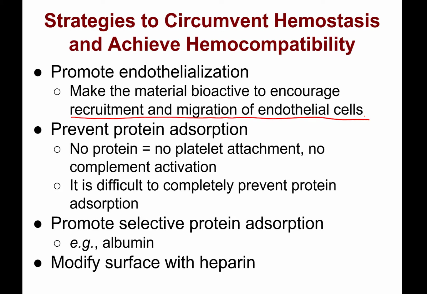So realistically, it might be better to just try to promote selective protein adsorption. So for example, if we had a surface that exhibits very high affinity for albumin, which is abundant in blood, and then that albumin adsorbs to the surface and then blocks it so that no other proteins adsorb, then that might be an effective way to prevent platelet attachment and thrombosis and complement activation.